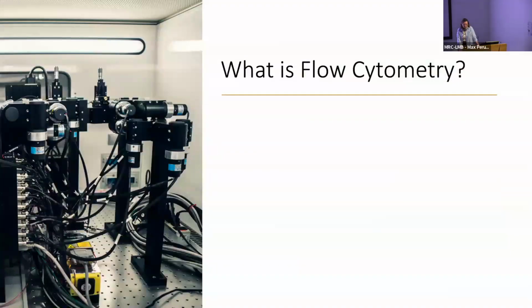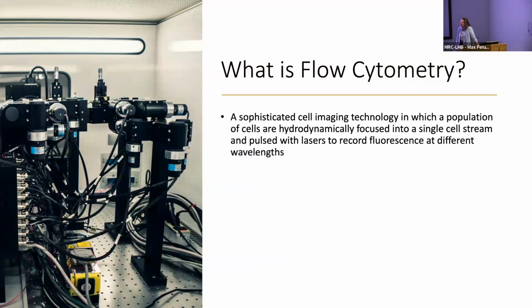So I'll just start with talking a little bit about what exactly is flow cytometry. It's a sophisticated cell imaging technology, very similar in many ways to microscopy, but on a more quantitative level, in which a population of cells are hydrodynamically focused into a single cell stream, and they're pulsed with lasers to record fluorescence at different wavelengths.